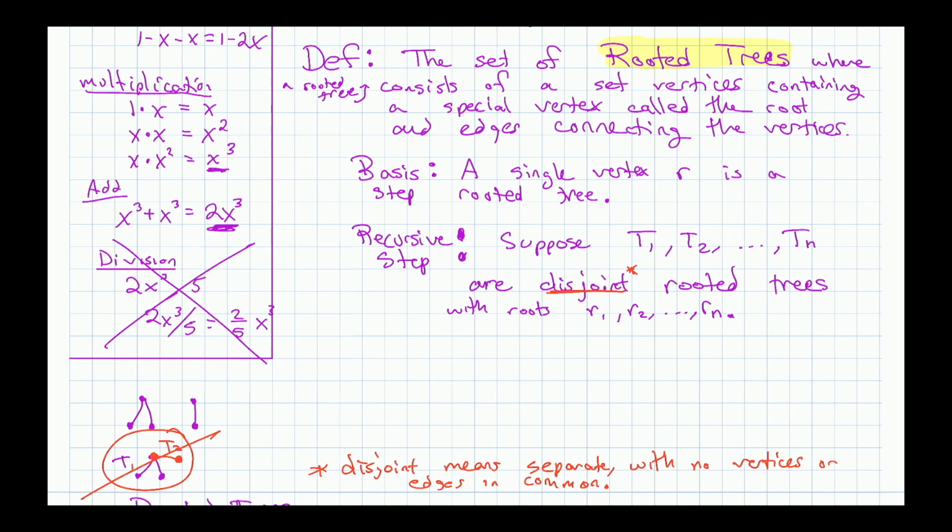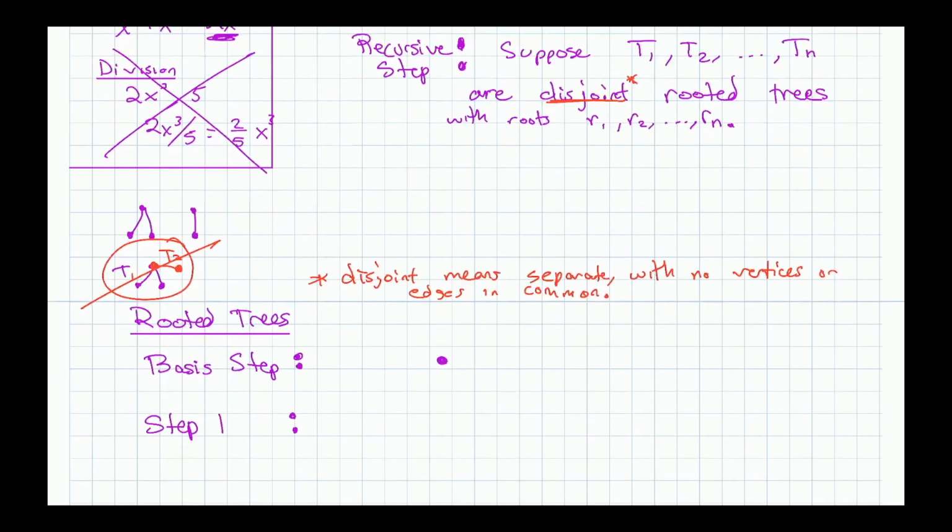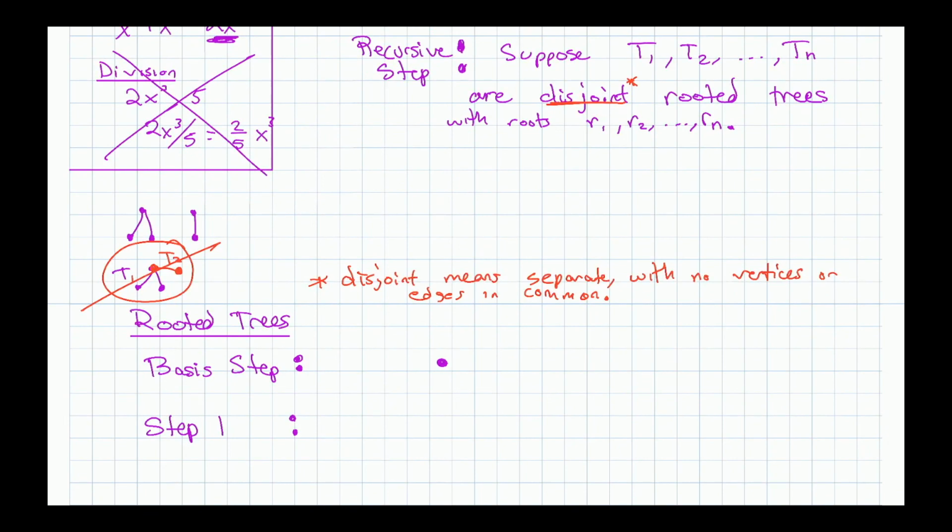So every tree has a root, and that's why I know T1 through Tn, there's n trees, there must be n roots. Okay, so we have that many rooted trees.